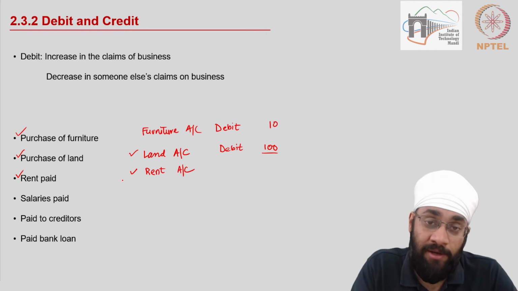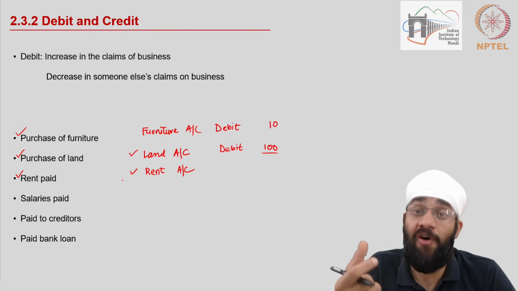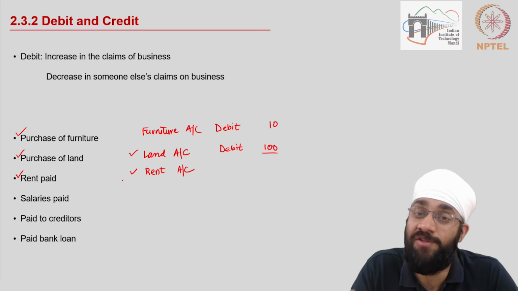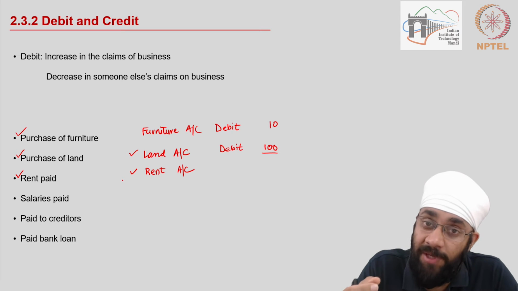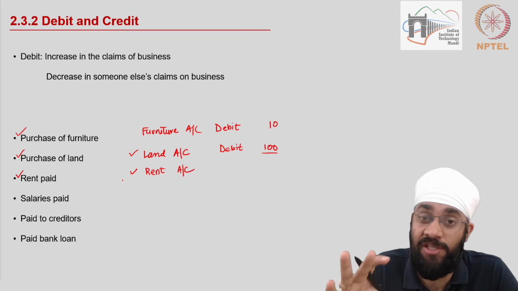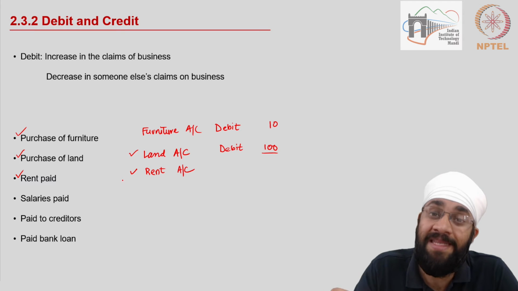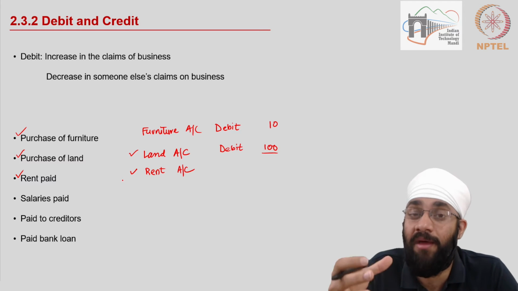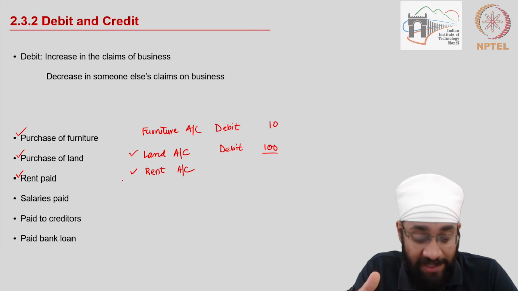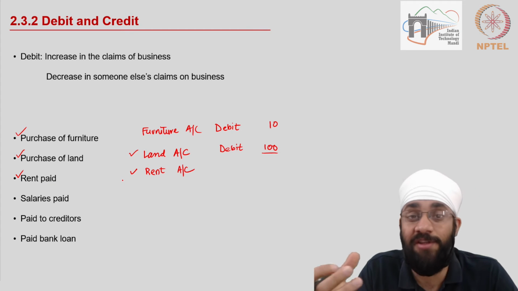By paying rent, you earn the right to use the property for the duration for which rent is paid. So if rent is being paid, let's say for the next 6 months, advance rent, the business will earn the right to use this property for the 6 months.